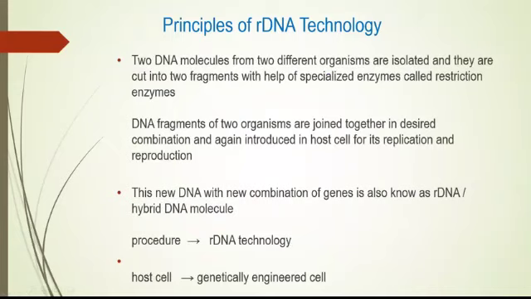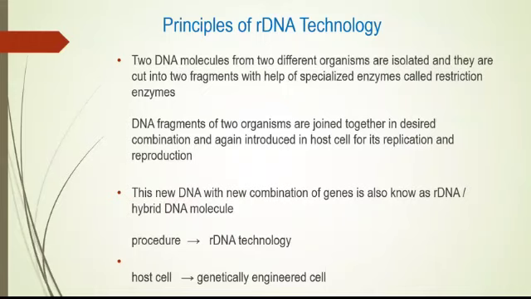This slide shows the principles of rDNA technology. Although there are different techniques of rDNA technology, the basic principle is very simple. The two DNA molecules from two different organisms, that may be animal, plant or microbe, are isolated and cut into fragments with the help of one or more specialized enzymes called restriction enzymes.